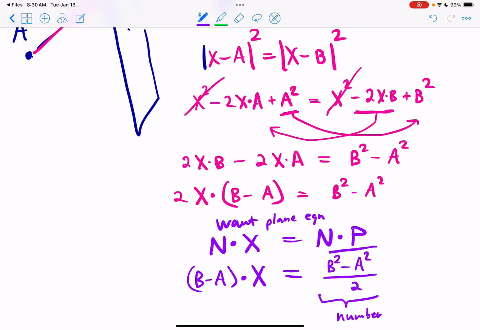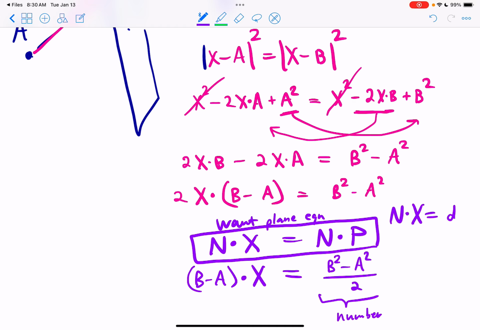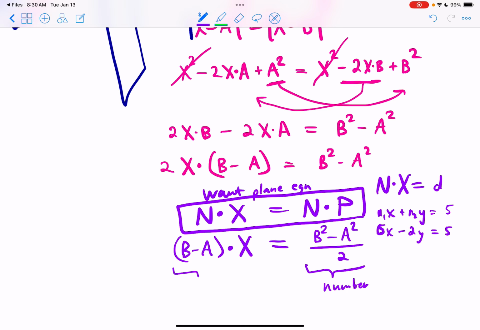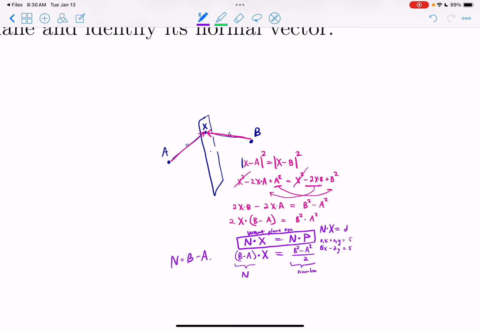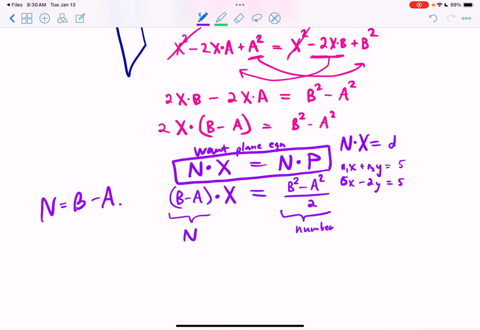And remember, another way to think about n dot x equals n dot p is it's n dot x equals a number. N dot x equals some number, right? So, for example, n1x plus n2y equals 5, or 6x minus 2y equals 5 would be a line. So now you can see that this has got to be capital N. So N equals b minus a.